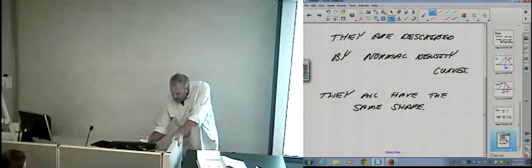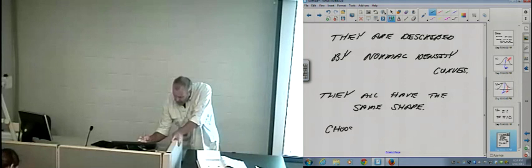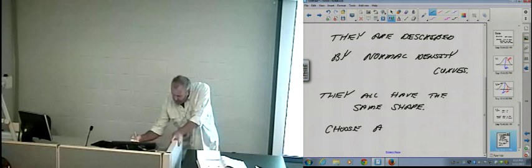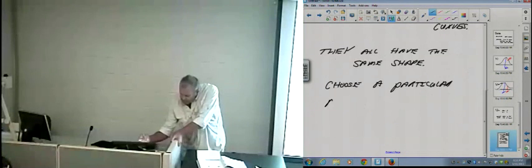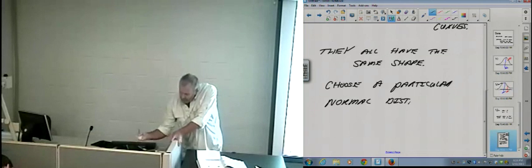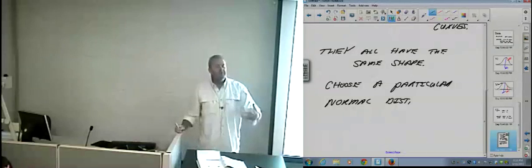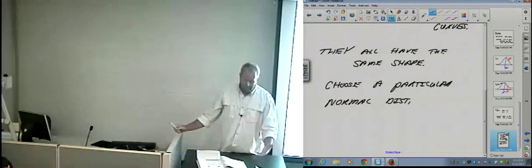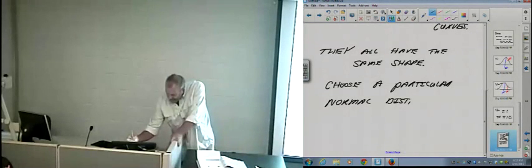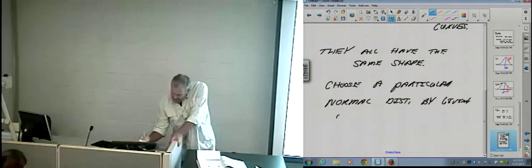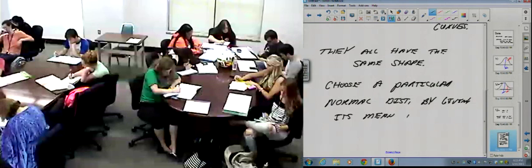So you choose a particular normal distribution, right? How are we going to pick out the one we want to work with? By giving its mean and standard deviation.